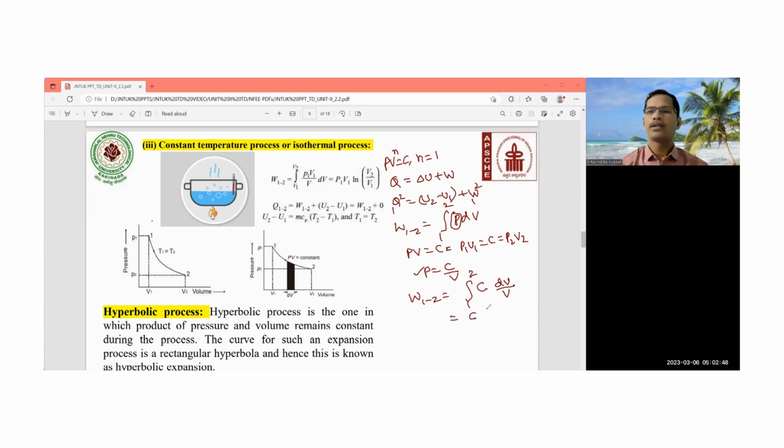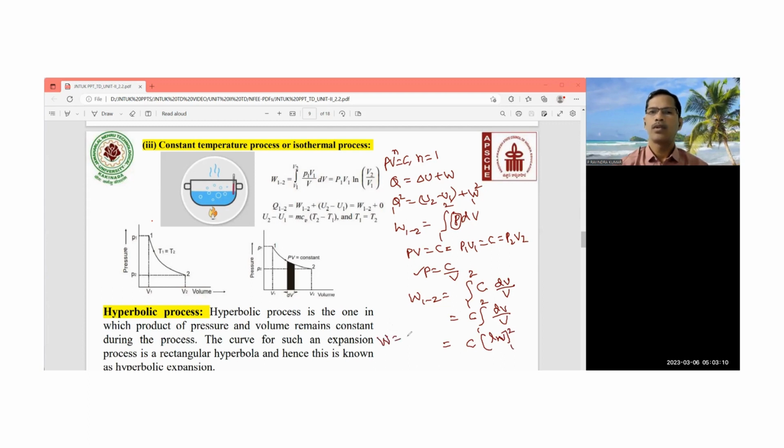So constant on the outside, integral of 1 to 2 dV by V. That is equal to C times natural log, ln V from 1 to 2. So this is how you are going to write that one.